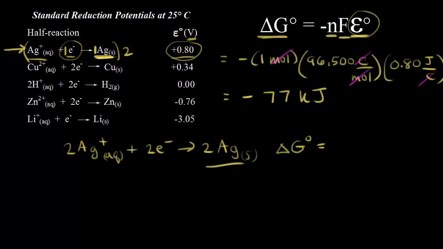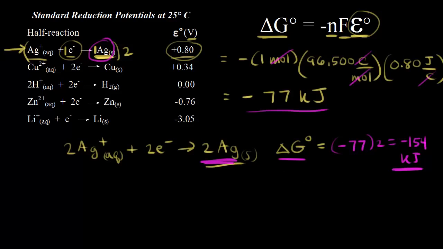If this is the standard change in free energy for the formation of 1 mole of solid silver, then we should just be able to multiply that number by 2, right? So negative 77 kilojoules times 2 gives us negative 154 kilojoules. So that's the standard change in free energy that accompanies the formation of 2 moles of silver.